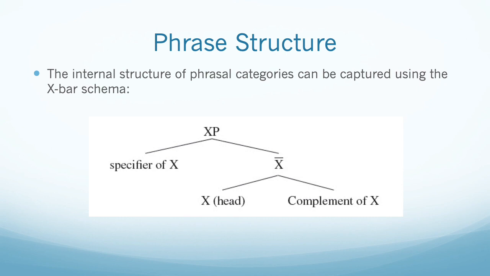We don't have to if the rules don't call for it, but we need some sort of template that allows us to build the structure for every possible sentence. This X-bar schema allows us to do that because it has slots for every possible thing that you would bring into a sentence.